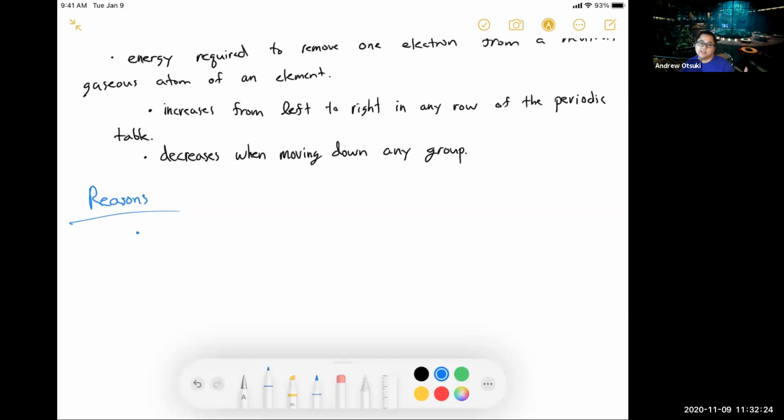So the reason has to deal with, or talk about, the highest occupied principal energy level again. So here's the subject: highest occupied principal energy level.